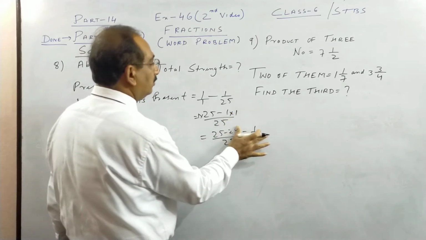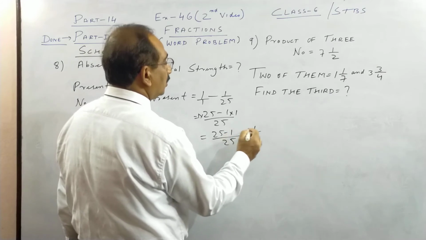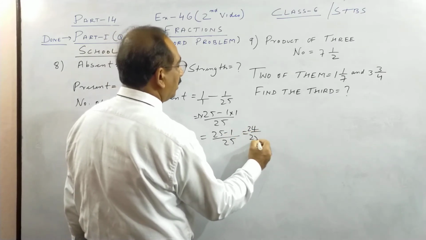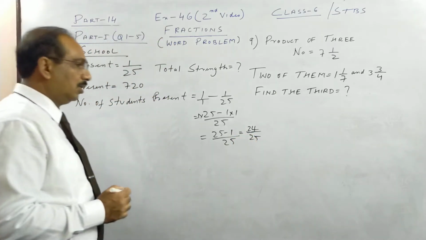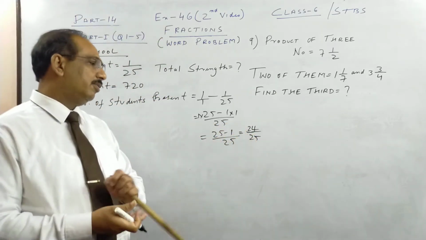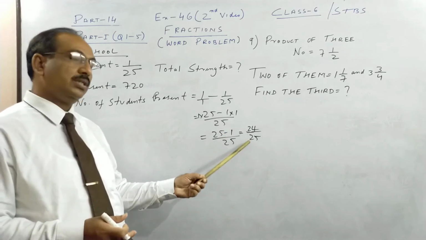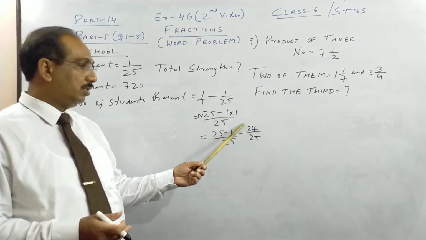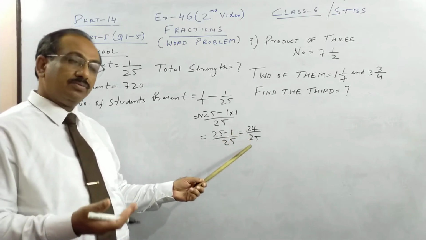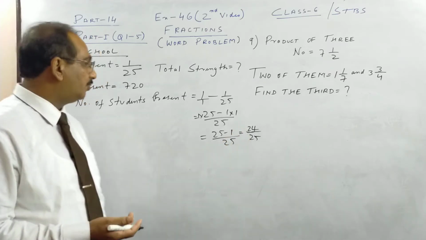So it will be 24 by 25. So as a fraction, children, 24 by 25 of the students are present. 24 out of 25 means if there are 25 children, 24 are present.